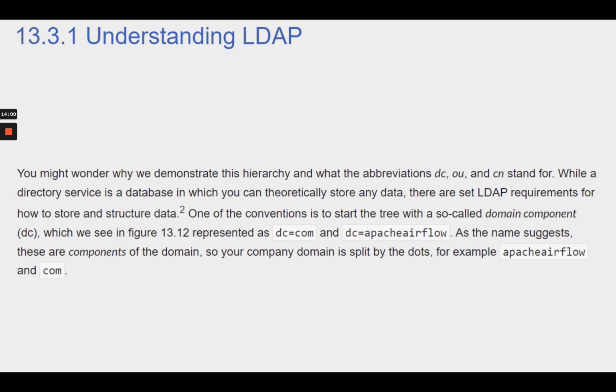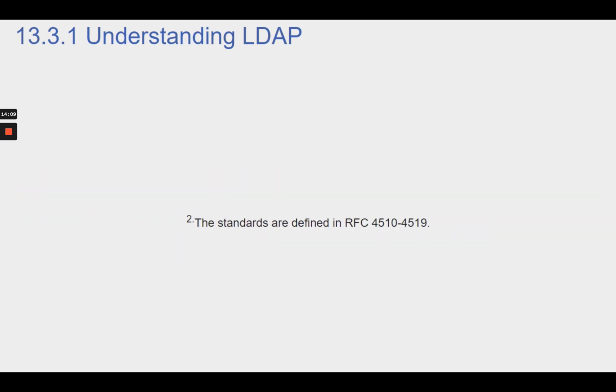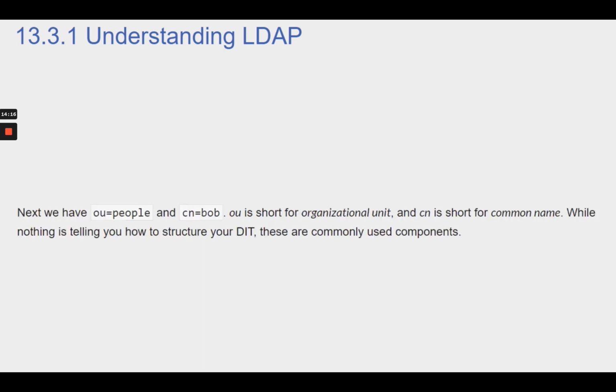As the name suggests, these are components of the domain, so your company domain is split by the dots. For example, apacheairflow and com. Footnote 2. The standards are defined in RFC 4510 to 4519.